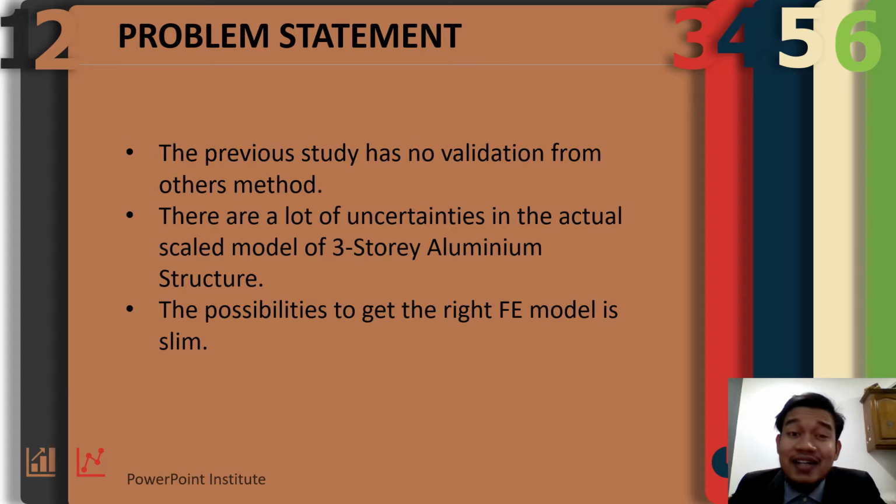The second is there are a lot of uncertainties in the actual scale model of the three-story building, so comparisons need to be done between the two methods, experimental and numerical. And lastly, the possibility of getting the right FE model is very slim, so model updating must be performed.